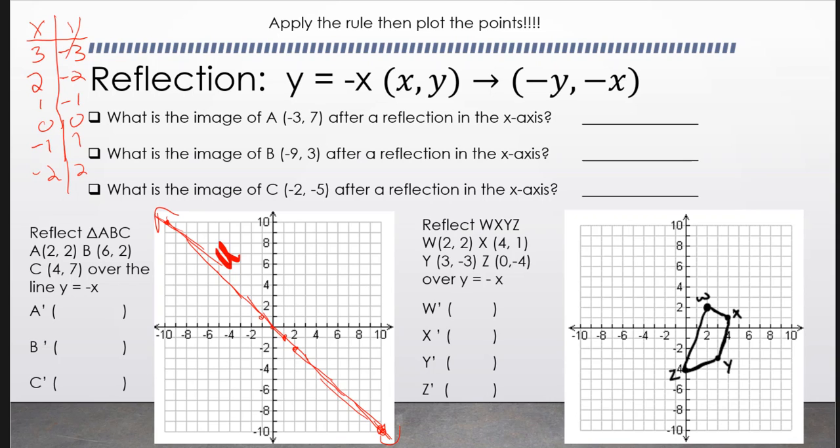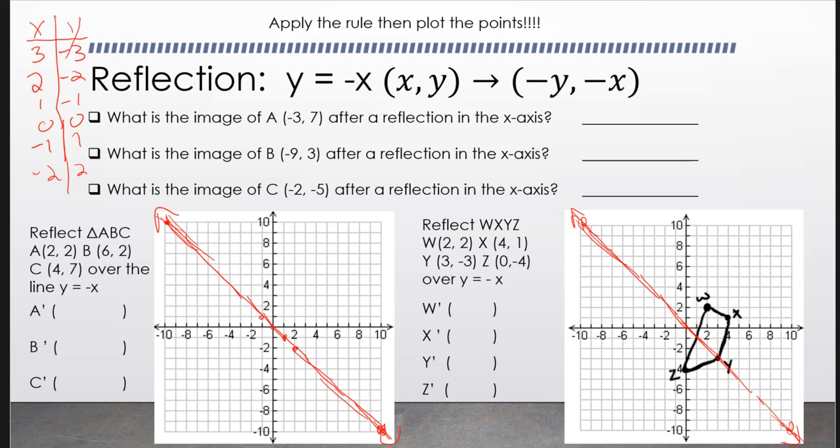Oh, sorry. I clicked the eraser. So it would look something like that, the line that you're going to be reflecting over for this one. So I'll just sketch it in on the other graph too. Again, I'm not going to look for you to plot every single point on this line, but it should be passing through the origin, and it should essentially look like it's going through 10, 10, negative 10, 10. All right, so once you have the line down, y equals negative x, let's practice applying the rule.